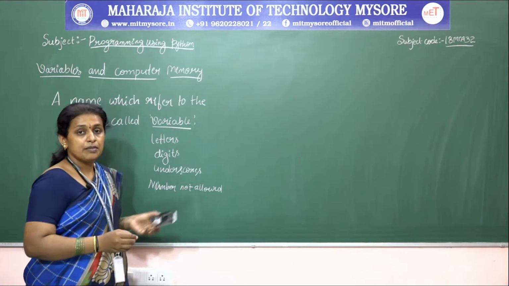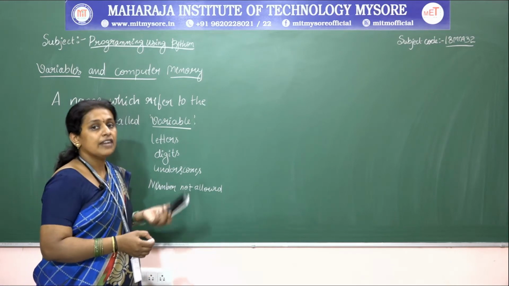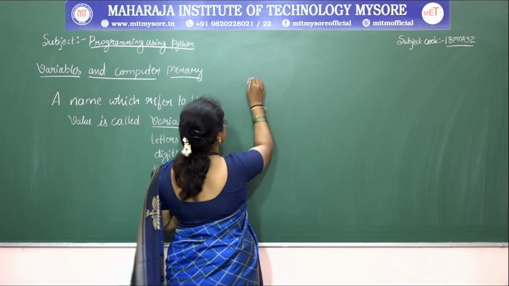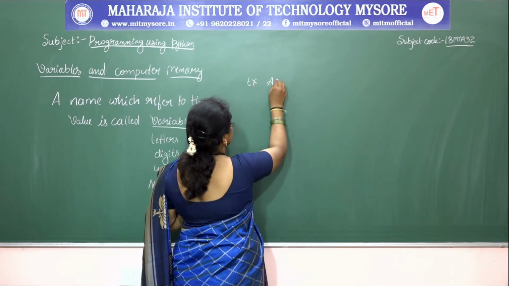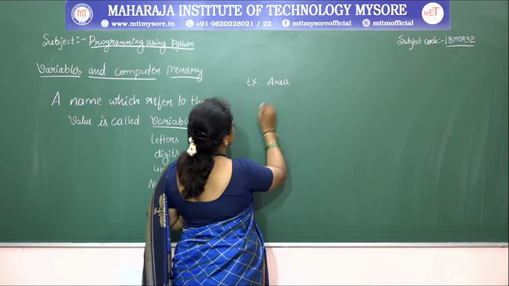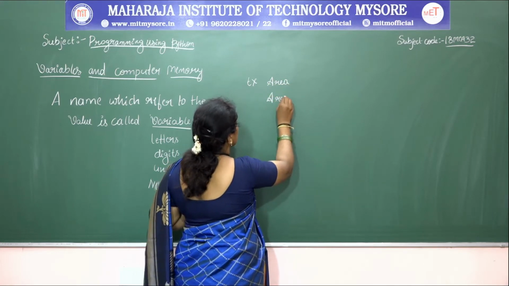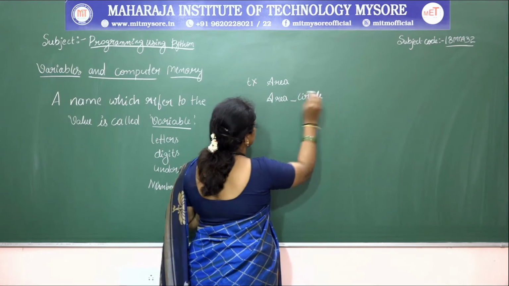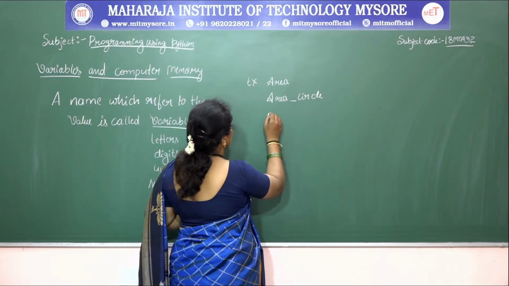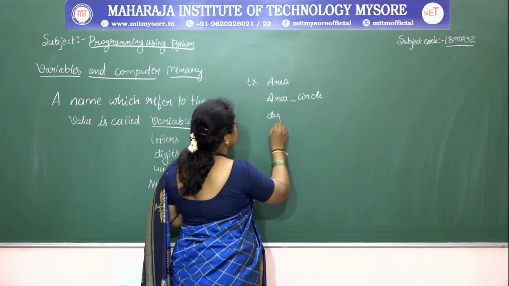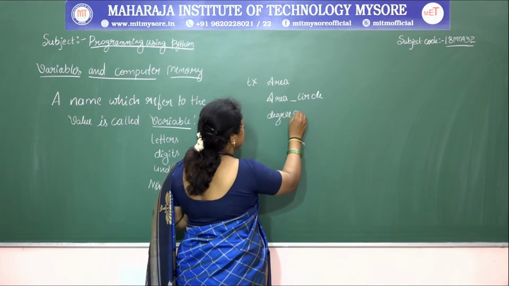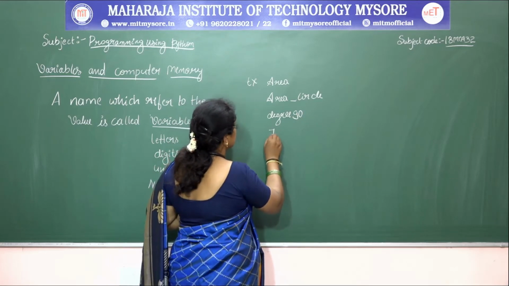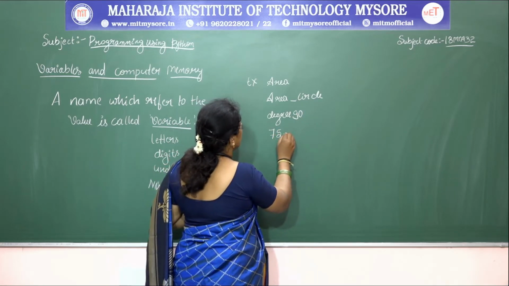So let me give examples of which are valid variable names and which are not. For example, area, underscore circle, degree 90, and 75 age.